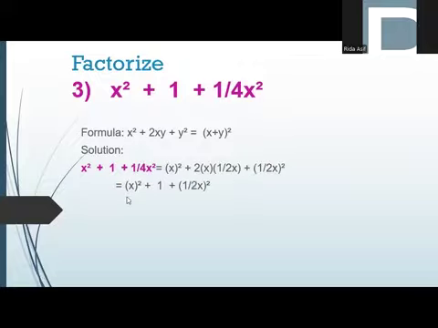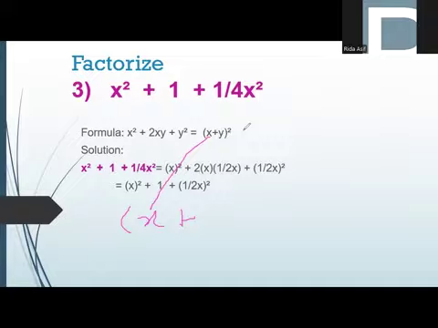We get 1. So if we are getting 1, by comparing it with our formula, we can enclose it within the bracket. According to our question, our x is x. So we can write x plus, we are just comparing with our formula, right? Look at the right side of the formula.